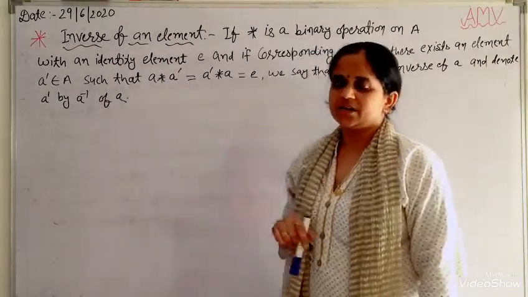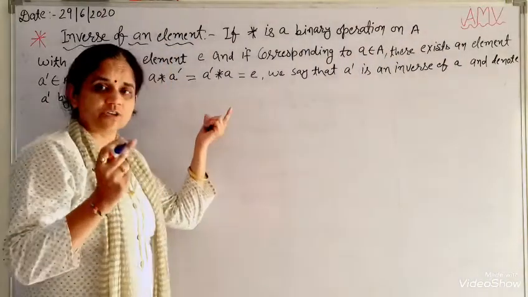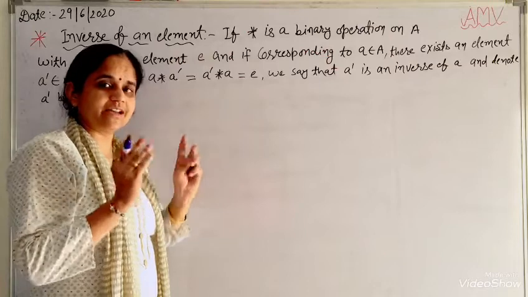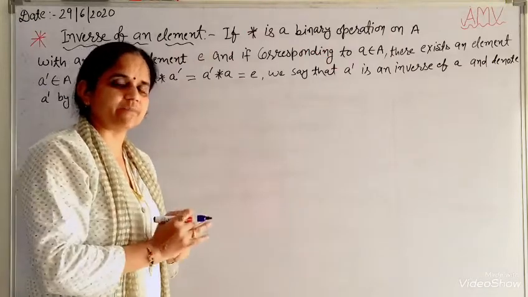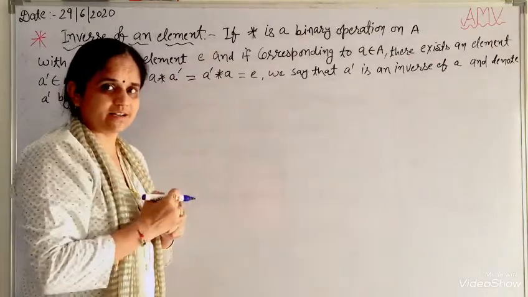It means, student, if an operation on 2 elements gives the identity element, then the element is the inverse of the other element.